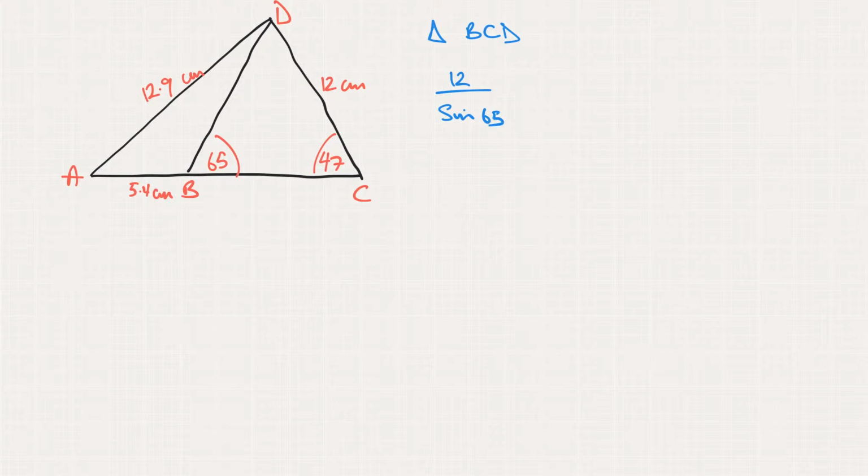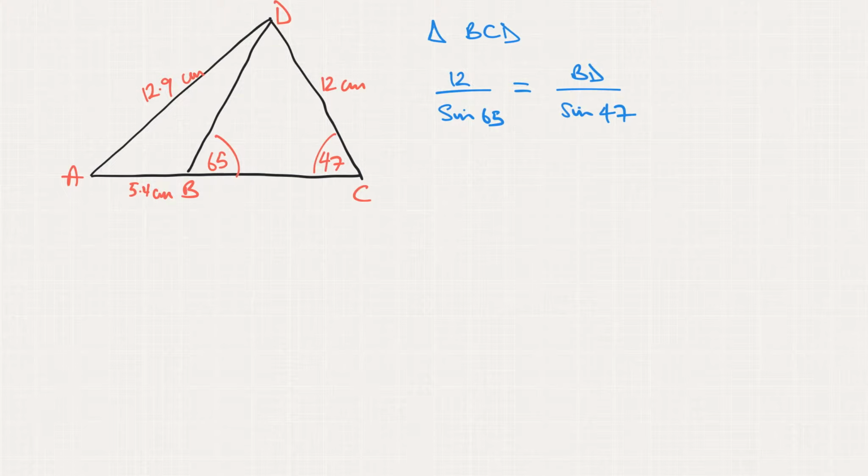Don't forget, as I keep stressing in this video, that it is the side opposite the sine of the angle. And that equals the side we need to find, which I'll call BD, over sine 47. So BD over sine 47. Now we do a quick bit of rearranging.